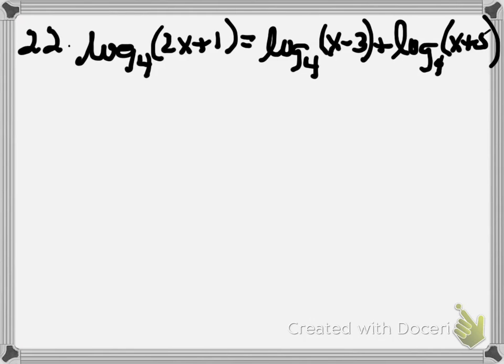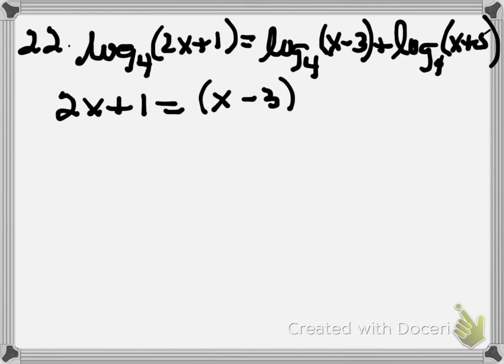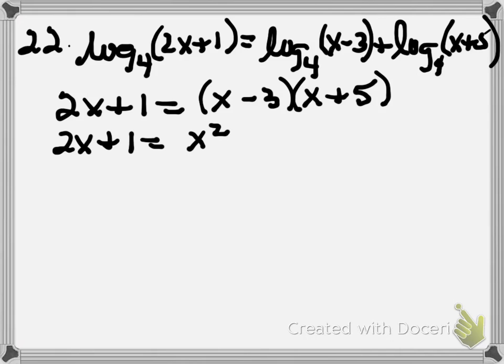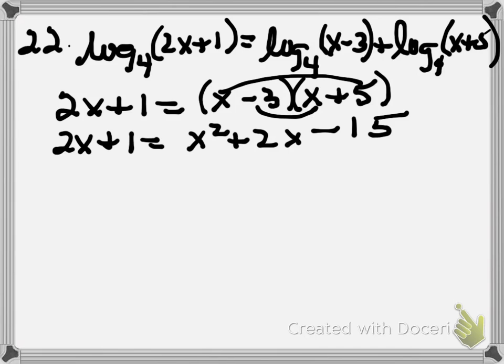So since the bases are the same on both sides, I can equate the exponents. 2x plus 1 is equal to, by the property of logarithms, the product of x minus 3 and x plus 5. By FOIL, x times x is x squared, a positive 5x and a negative 3x is positive 2x, negative 3 times 5 is negative 15.